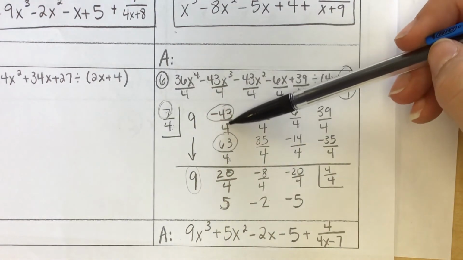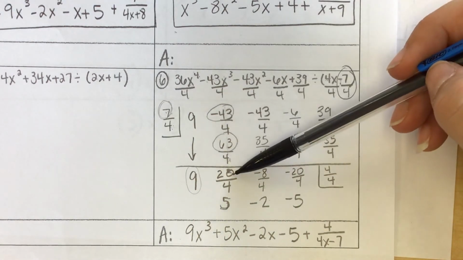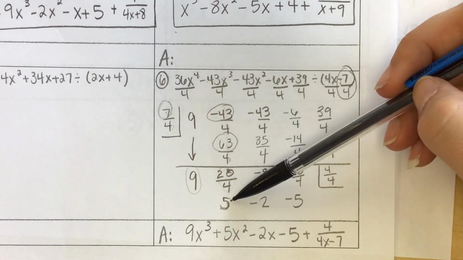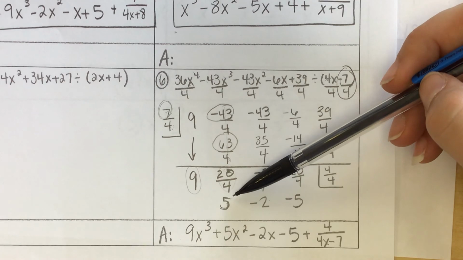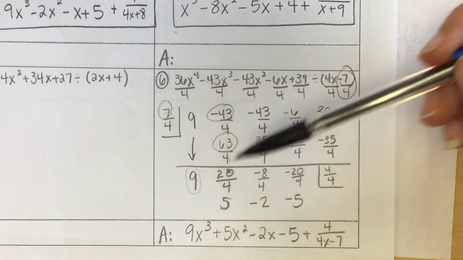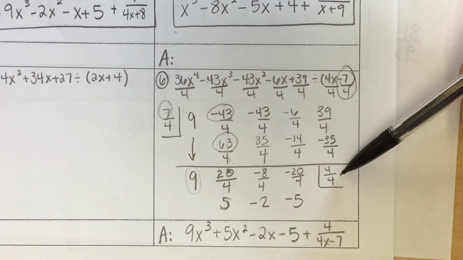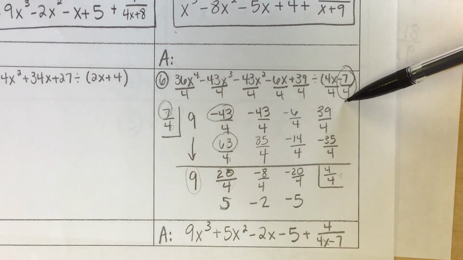Right here, when you add these two fractions together, you should get a fraction that can always simplify to a whole number. If you don't, you did something wrong. You need to go back and stop and fix what you did wrong. Your remainder is the only one that can stay a fraction, all right? And that's okay. It's okay to have your remainder as a fraction. You just got to make sure your bottom number is always the number that you divided by originally, okay?